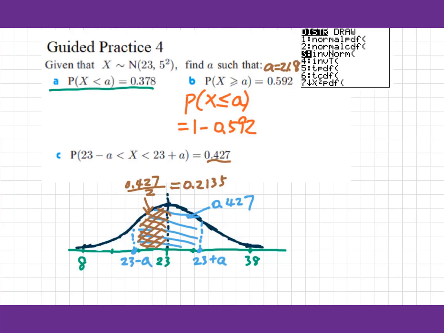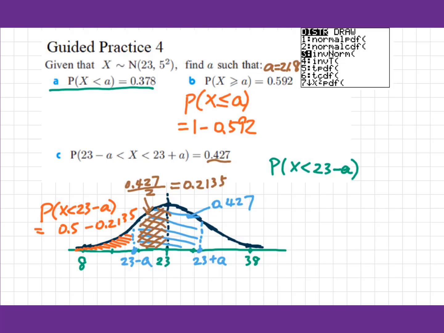That is 0.2135. Since for your calculator, we only recognize x less than 23 minus A. Therefore, for probability x less than 23 minus A, this will be here. This is the one. You will get 0.5 minus 0.2135 to find this probability.